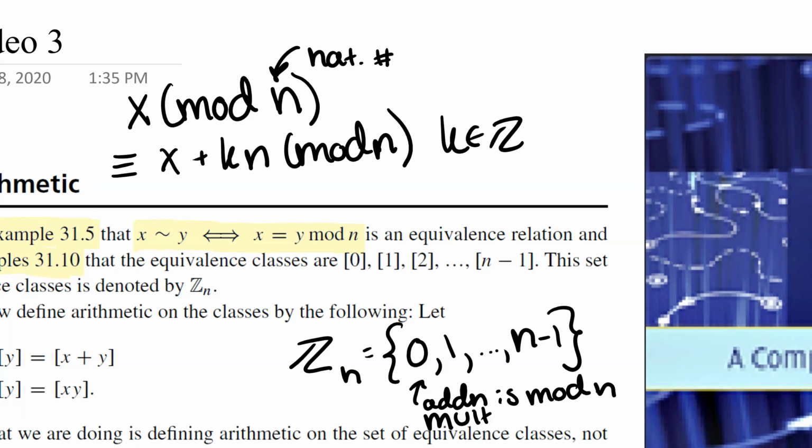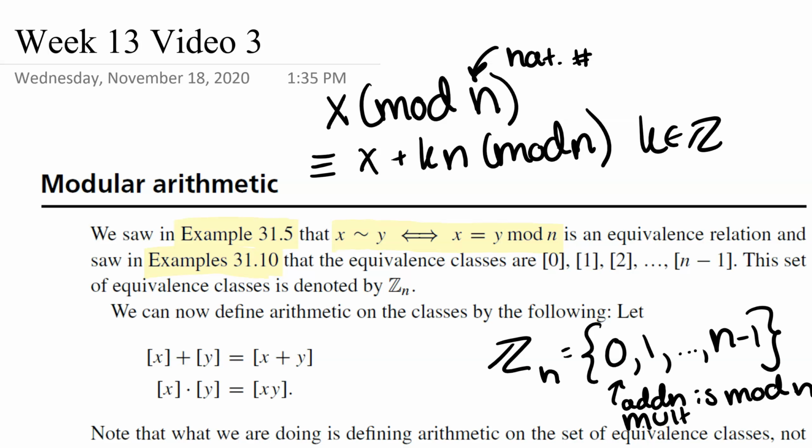All right, so how you can think about this is, it's like the integers mod n. That's kind of what this set is, but usually we call it just Z_n. Now we can define arithmetic on the classes by the following. We're back to talking about these equivalence classes. The equivalence class of x plus the equivalence class of y is going to be the same as the equivalence class of x plus y.